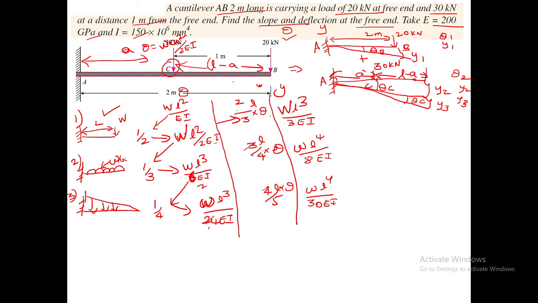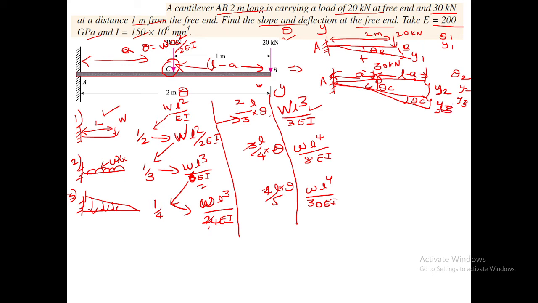The slope is similar for B and C. Now deflection. The deflection for the end load is WL cube divided by 3EI. Here there are two deflections, one up to 30 kilonewton and another one, so y2 and y3, two times.